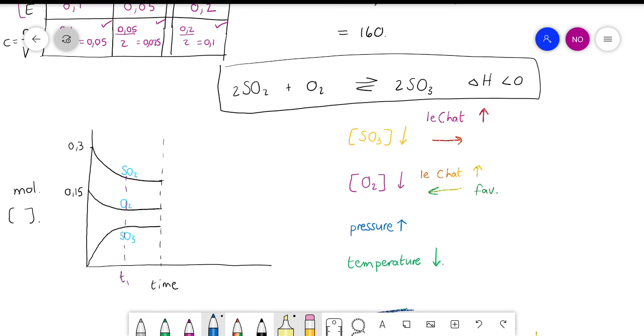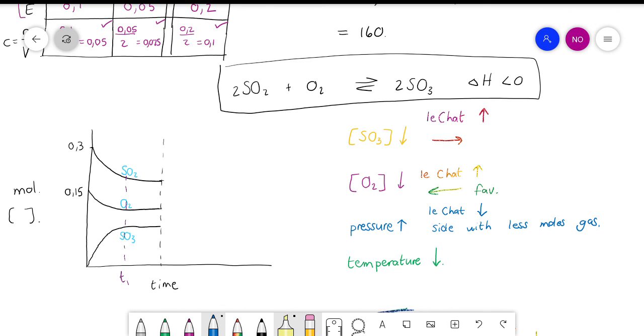Now, when we're working with pressure, if we increase pressure, then Le Chatelier wants to decrease pressure. Okay. Pressure is decreased on the side with less moles of gas. You have to know that. Okay, so which of the two sides has the least moles of gas?